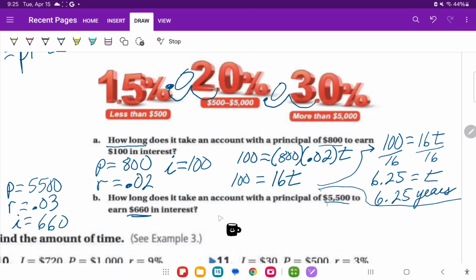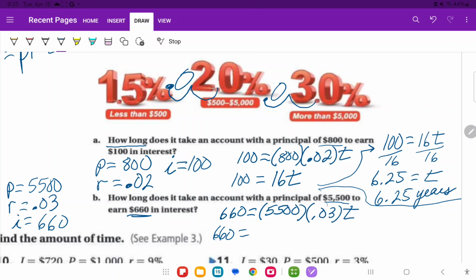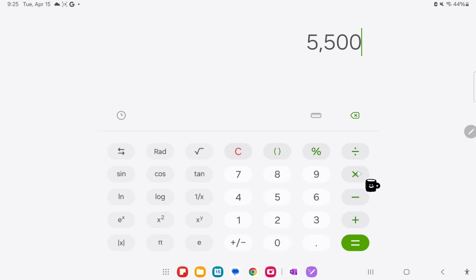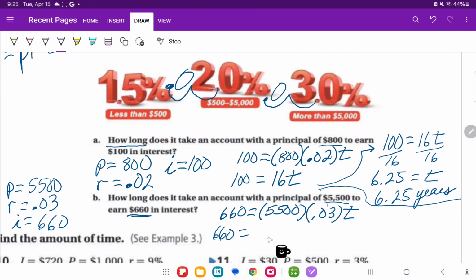So if I substitute that in, the interest, or I, is equal to P, which is the principal, $5,500, times the rate, which is 0.03, times the time. So now I'm going to bring down my 660, multiply these two together, 5,500 times 0.03, and that is 165. 165t.